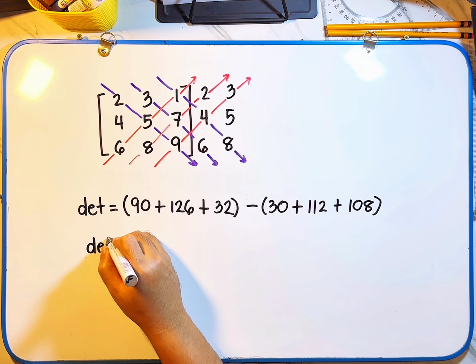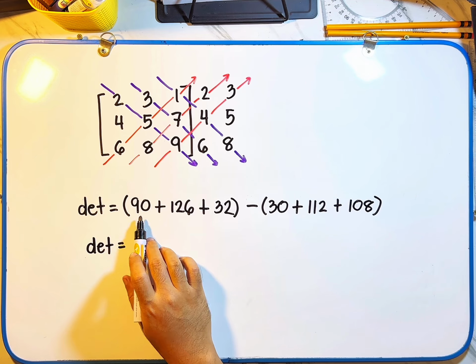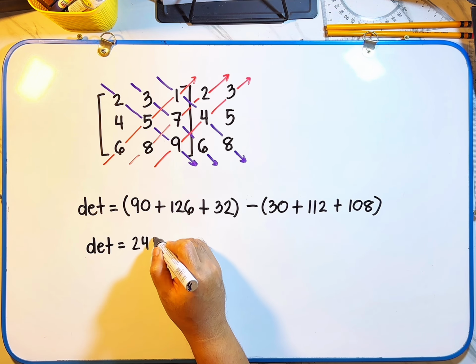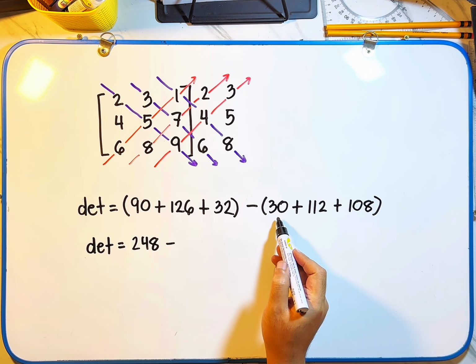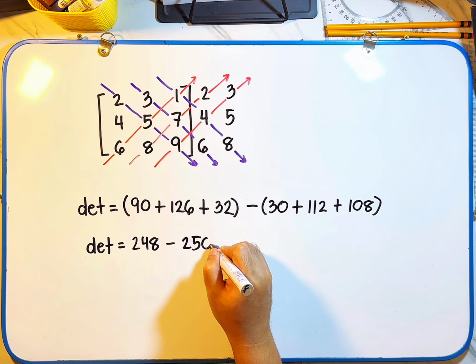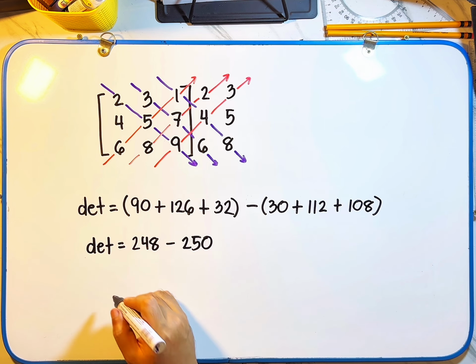Let's proceed. Determinant is equal to 90 plus 126 plus 32, 248, minus 30 plus 112 plus 108, that's 250, and 248 minus 250 is equal to negative 2.